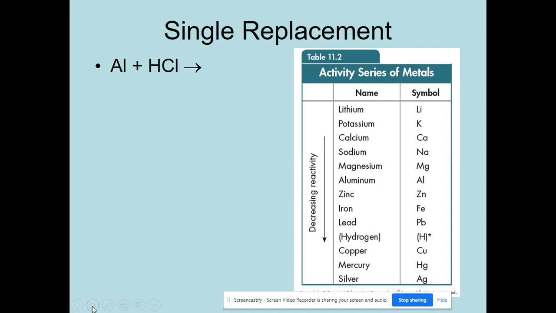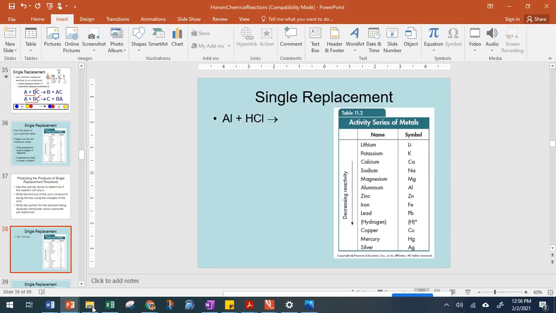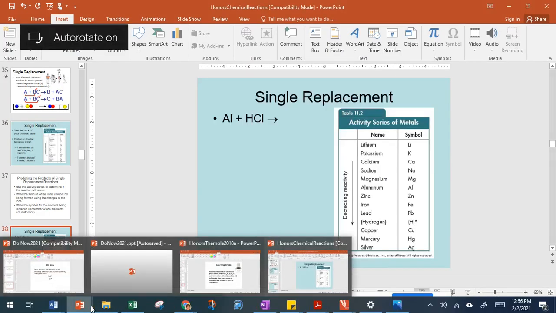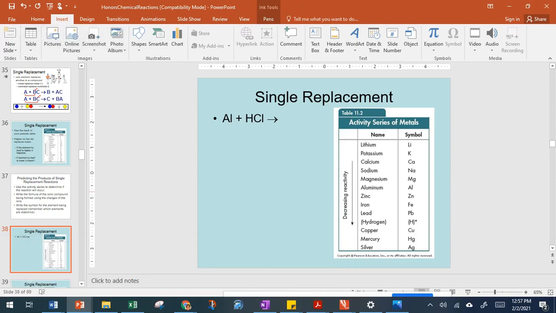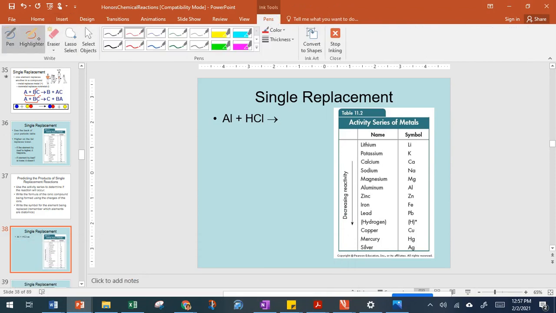Okay, so let's look at this reaction here. We have aluminum and hydrogen chloride. I'm going to go out of this so I can ink on here. If we look at it, aluminum is right here on our activity series. And hydrogen, you notice, is on the same side as aluminum, so it's below it. So this means that this reaction will occur. Aluminum's going to come along and kick out the hydrogen.